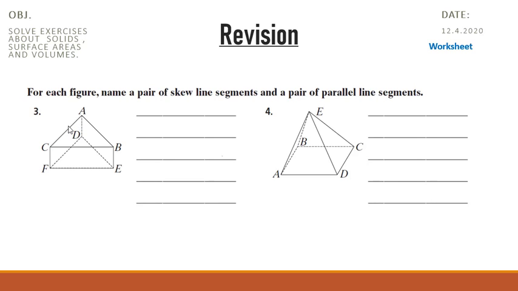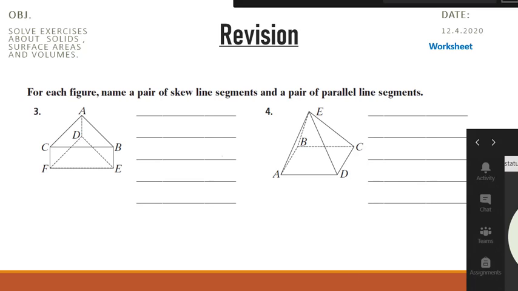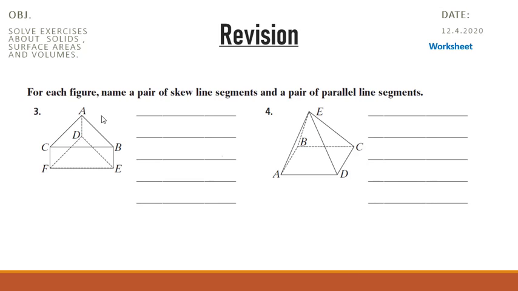Can you give me any two parallel lines here? A and D. AD, this line, and which line also is parallel to AD? FC, right, correct. So AD and FC are parallel.